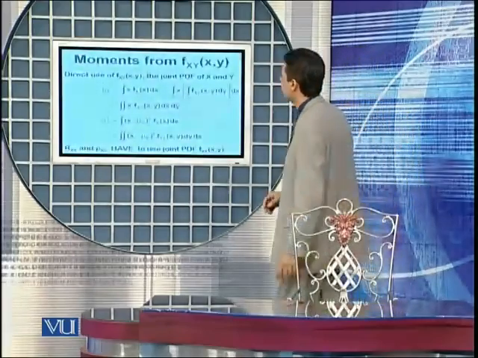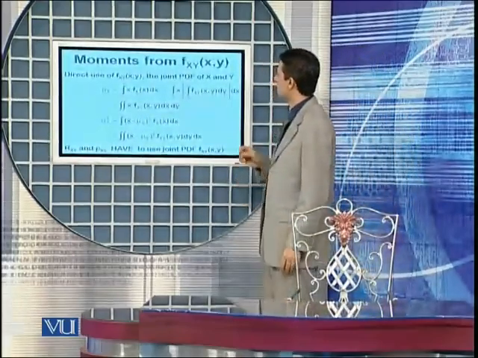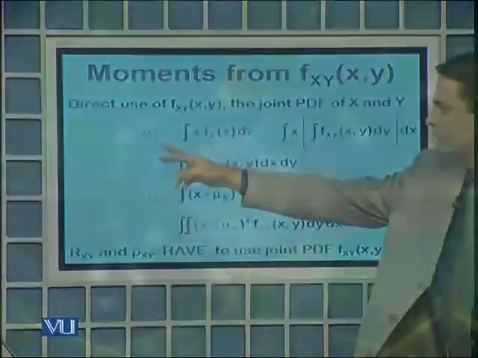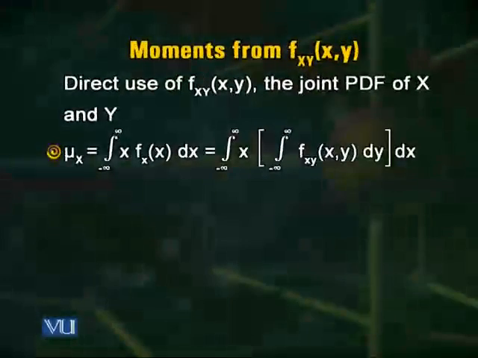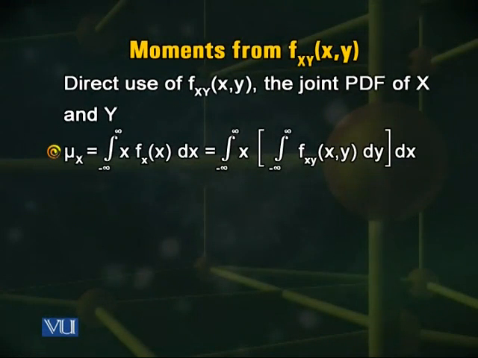Suppose you want to find the mean value of x, mu_x, and one route is that you know the marginal density of x, f_X(x). If you do, then you can integrate x times the marginal density of x, over the whole range of x, and you will have your expected value of x.